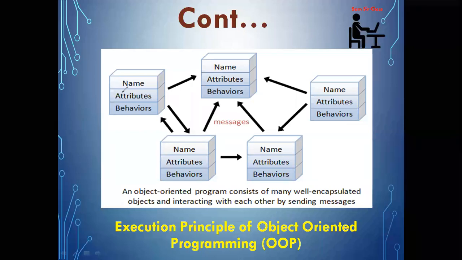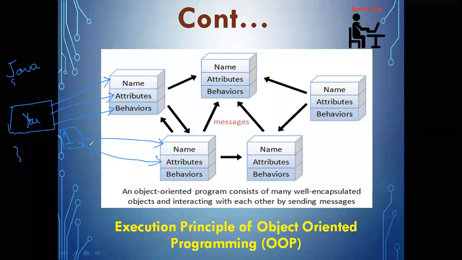So in object oriented programming, what you are doing actually is working with a single object. Clear? I have told you that if the Java class is the entire class, you are one of the objects. Whenever I say you are an object, it means you will have some name, some attribute, some behavior. Clear? Same thing, suppose roll number 1 is also an object, with name, attribute and behavior.